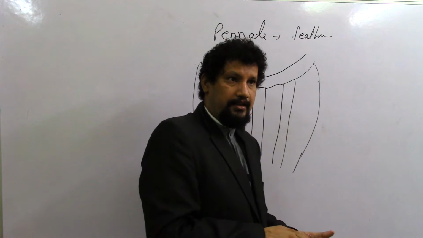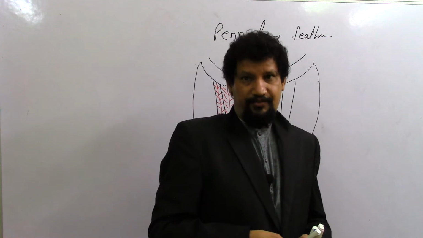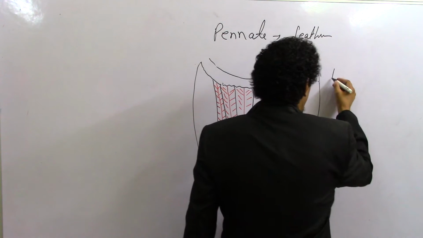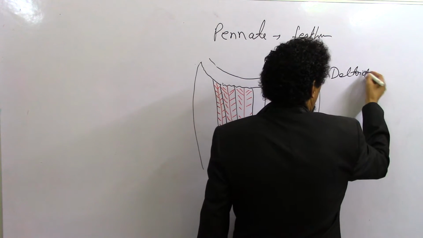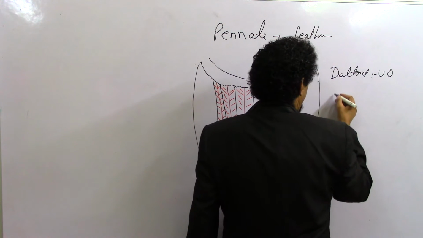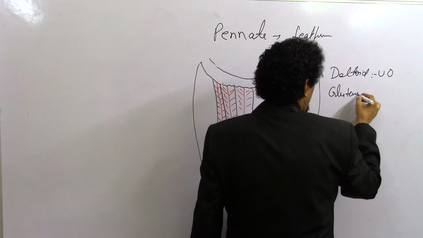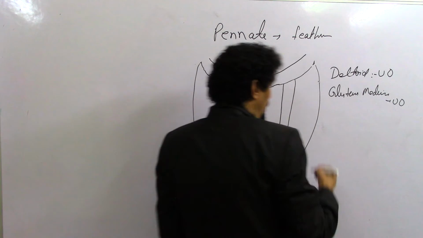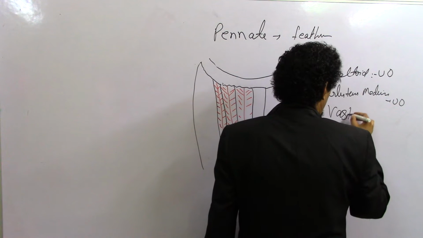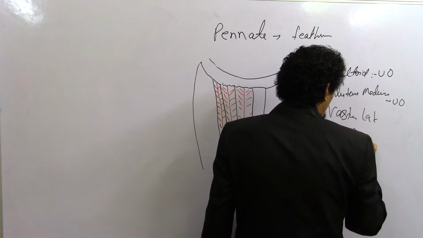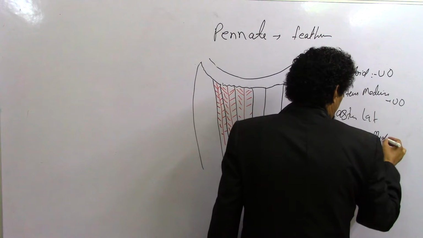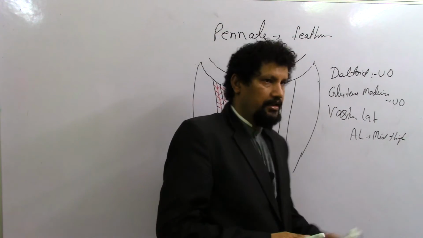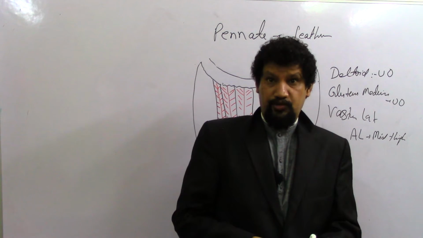So remember, if you are a clinician, pediatrician, or if you are a medical student or you have to grow as a doctor, remember always the deltoid, that is upper and outer quadrant, the gluteus medius, upper and outer quadrant of the gluteal region, and the vastus lateralis muscle, that is anterolateral aspect of the mid thigh, where the muscle volume is not well developed in the gluteal region and there are chances of traumatic neuritis.